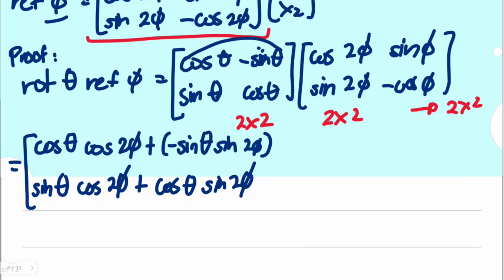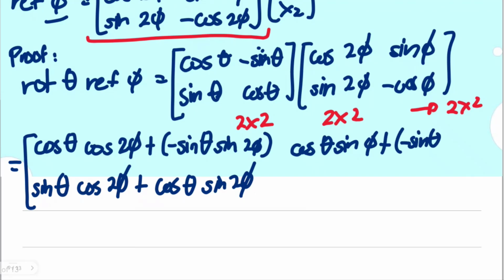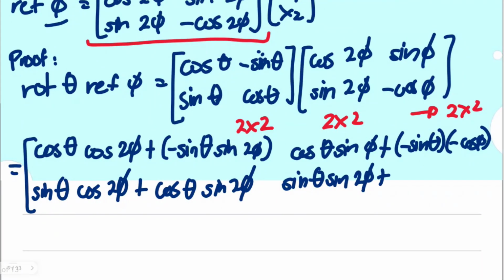For the next one, this and this column, you will have here cosine theta sine of phi plus negative sine of theta times negative cosine of phi. Okay. Then for the last one, sine of theta sine of twice phi plus you'll have here cosine of theta times negative cosine of phi.